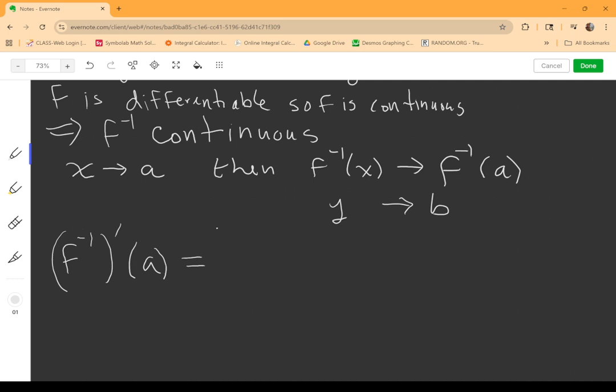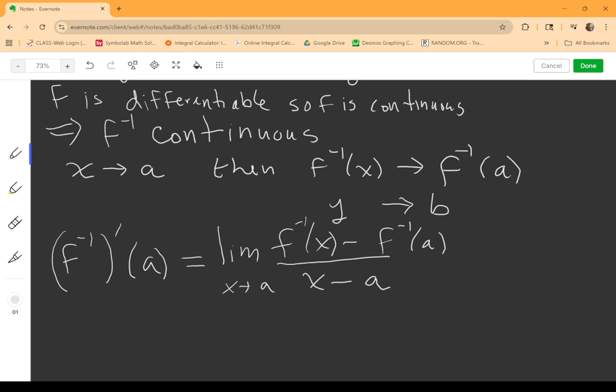So we start with the limit as x approaches a of f inverse of x minus f inverse of a over x minus a.